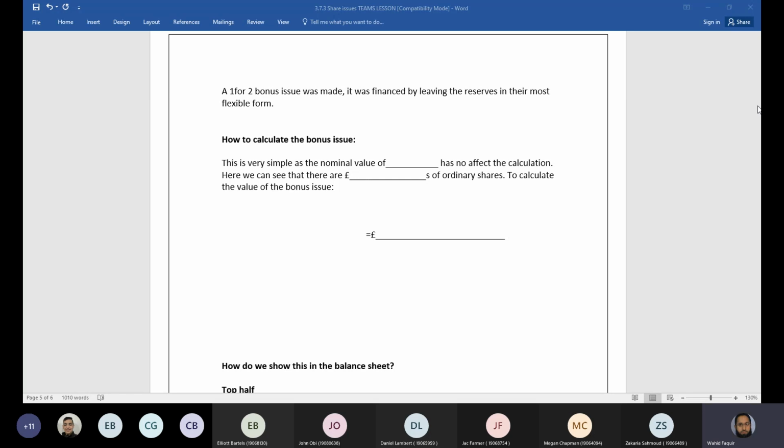Right, we've got some questions here. Now let me just assess the difficulty level of the questions and see if I need to help here. Right, so we have an extract of a statement of financial position. This is just the equity section. A rights issue happens. There's no change in anything else. We know now we split the rights issue between ordinary shares and share premium if we're selling the shares at greater than the nominal value.